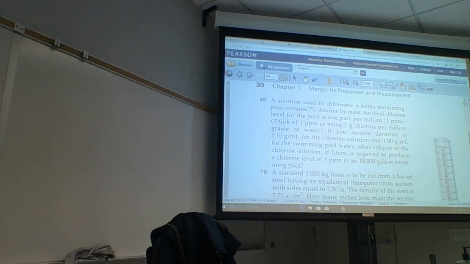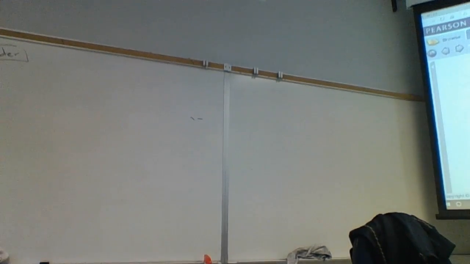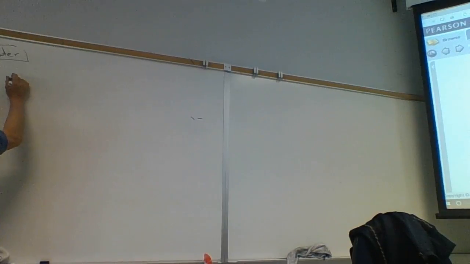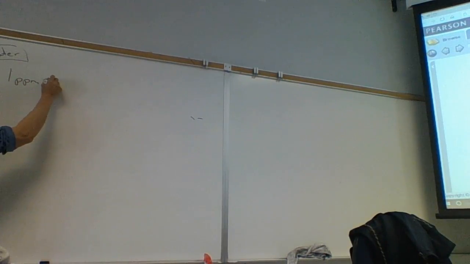Think of 1 ppm as being 1 gram of chlorine per million grams of pool water, because a part per million is 1 part per million parts. So it's by mass in this case. And so the pool water needs to be at 1 ppm chlorine.